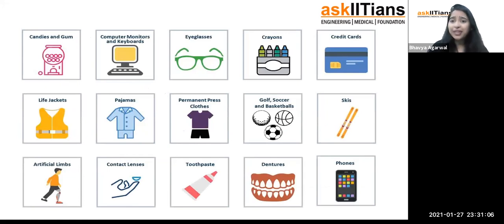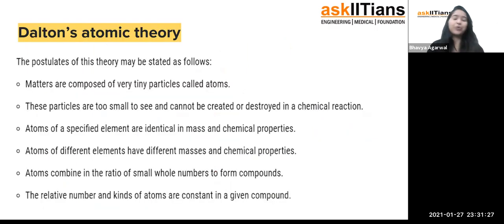Now, when you talk about atoms and molecules, as we have discussed, they are present in our everyday life. Be it crayons, candies, the things we eat, the things we wear, the things we see, the things we play with, whatever you see around you, everything is made up of matter and atoms. The first scientist who gave a scientific discovery and experimental proof was Mr. John Dalton.